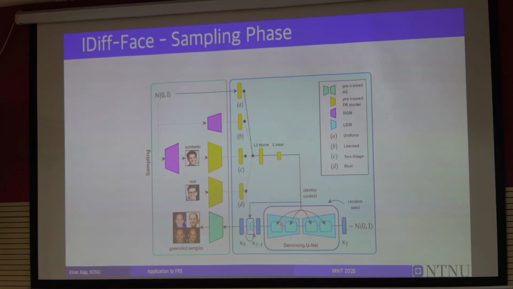So here you see that there is a denoising unit in the bottom part. So all this is doing is that it's taking the generated samples. And there is a pre-trained variational autoencoder, which is here, which is the denoising unit, and then you're trying to create the new samples.